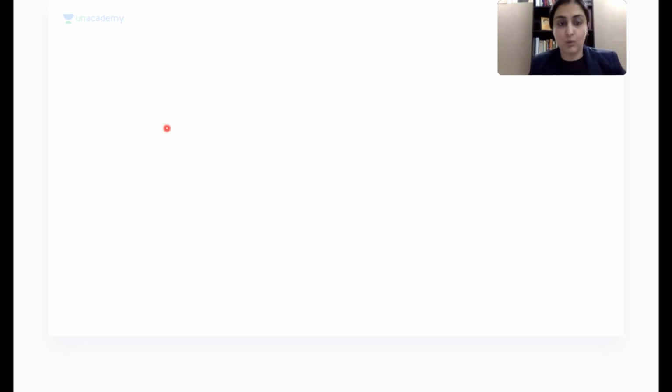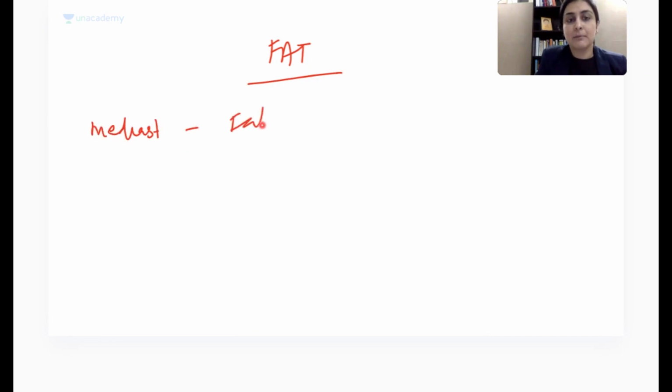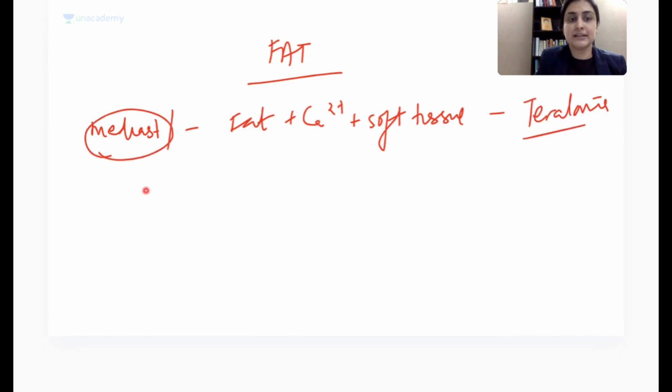So far, what all fat-containing lesions have we learned, guys? In the mediastinum, if I have fat plus calcification plus soft tissue, what are you going to tell me? Yes, teratoma. So this teratoma can be anywhere, correct? It can be mediastinal, it can be retroperitoneal, but a combination of these three equals teratoma.